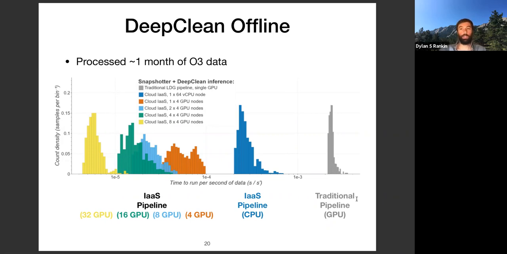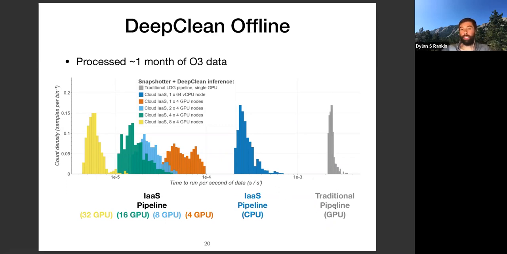It doesn't use inference as a service. I just have a GPU, and I write some self-written but well-written code that does the inference for DeepClean on the GPU. The average time to run per second of data for a traditional pipeline is something like 5 times 10 to the minus 3 seconds.